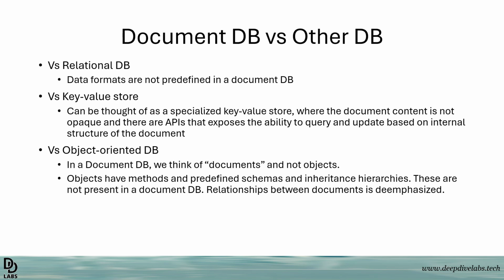These are not present in a document database. So the relationship between documents is de-emphasized, right? Whereas in object-oriented programming, objects mean something specific. They have data, attributes, methods, and inherent hierarchies connecting one object to another.